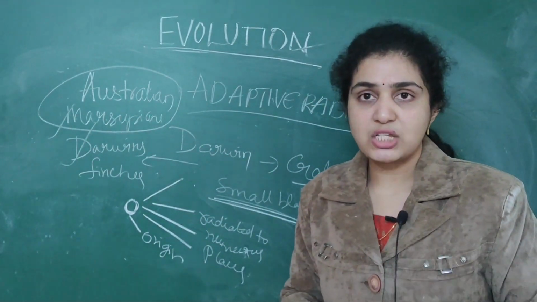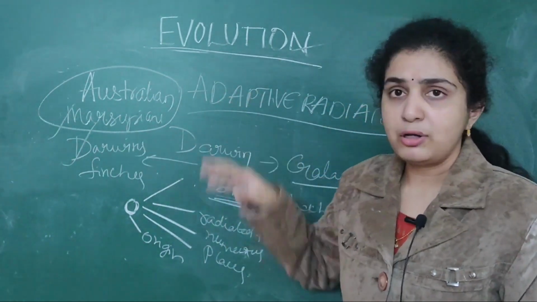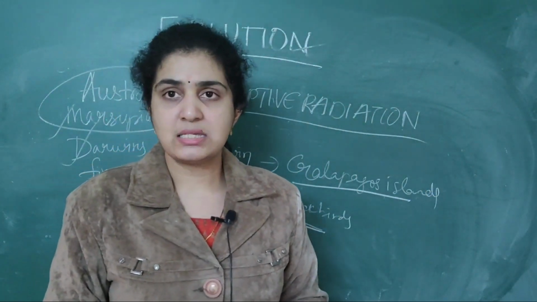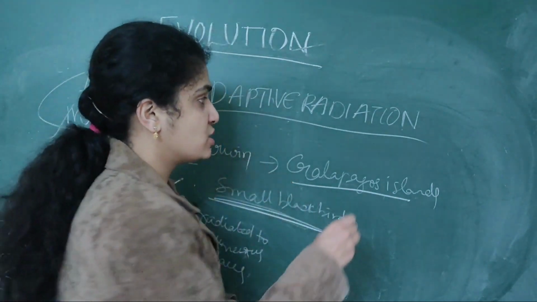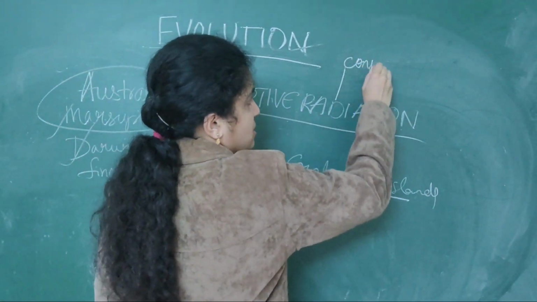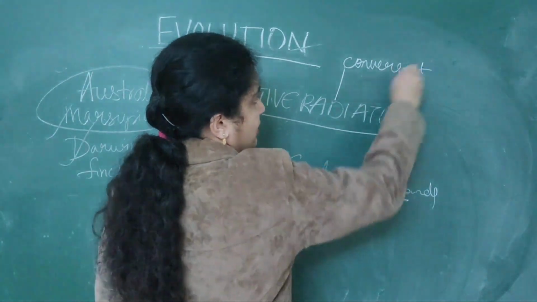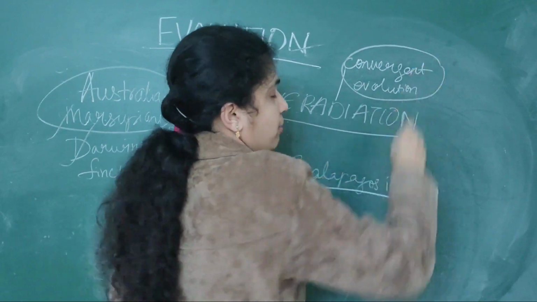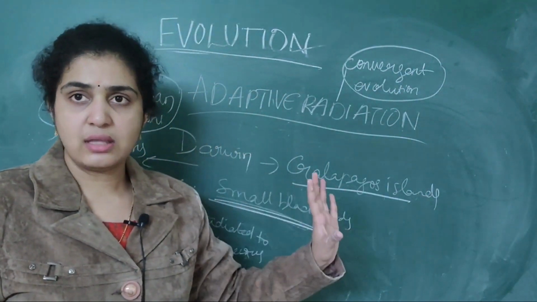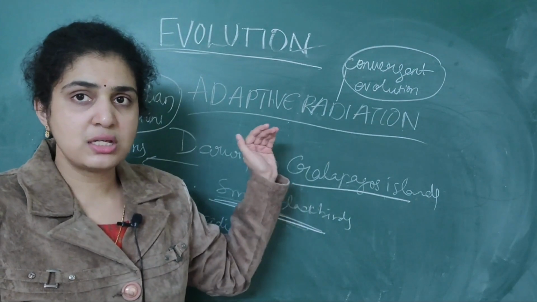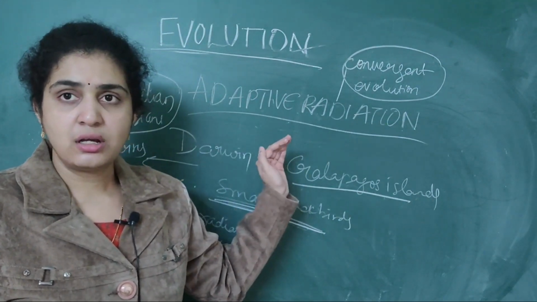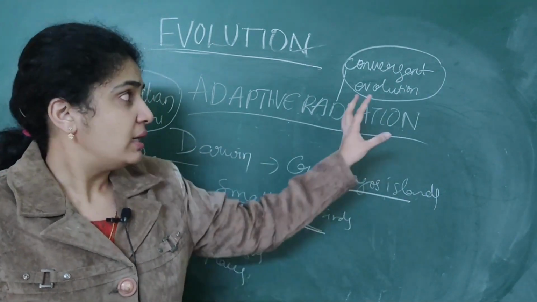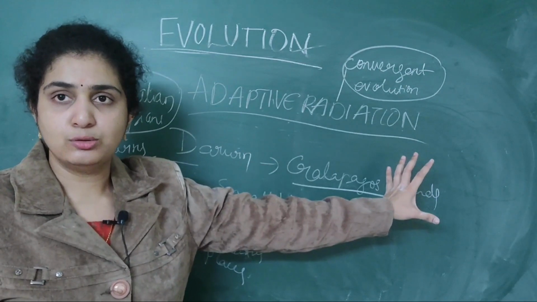Another one is convergent evolution. If more than one adaptive radiation is found in a place, it is called convergent evolution.